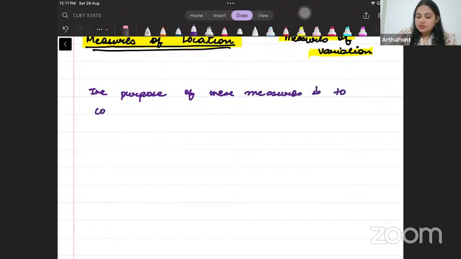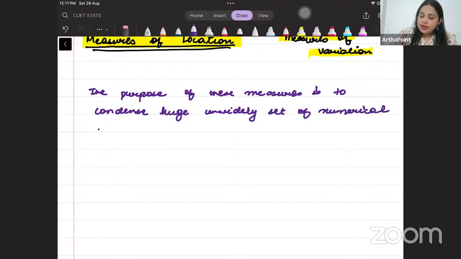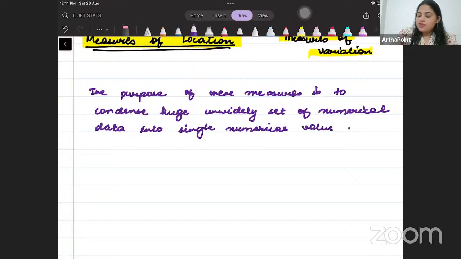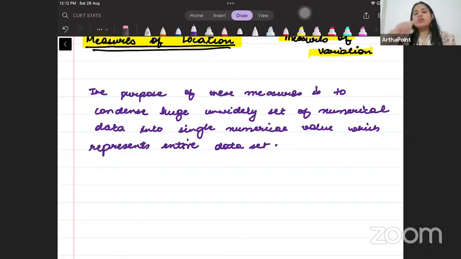The purpose is to condense huge, unwieldy set of numerical data into a single numerical value which represents the entire data set. So I want to represent the entire data set by one representative value.